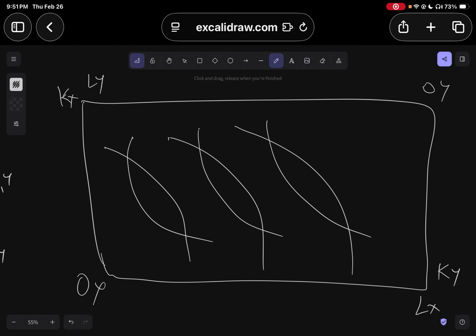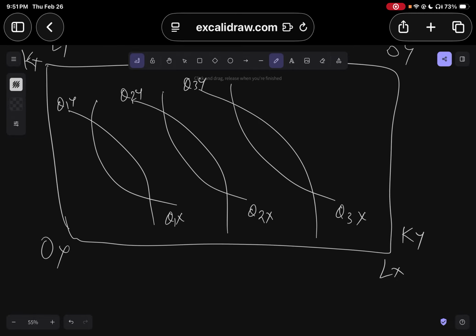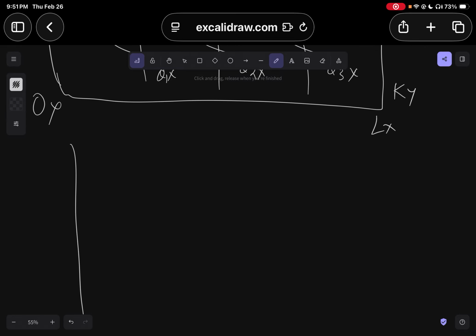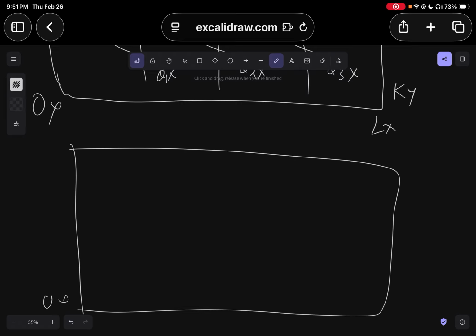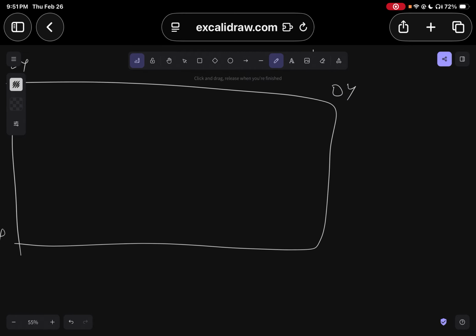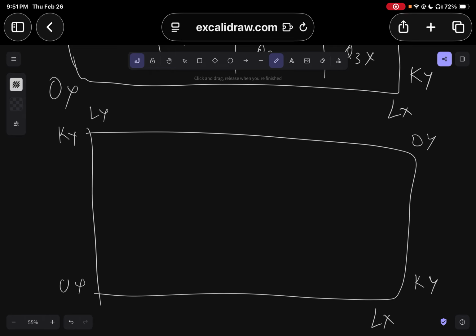So this is Q1X, this is Q2X, this is Q3X, and this is Q1Y, Q2Y, Q3Y. Similarly, in the next Edgeworth box, OX, OY, KX, LY, KY, LX. So these are the other points.